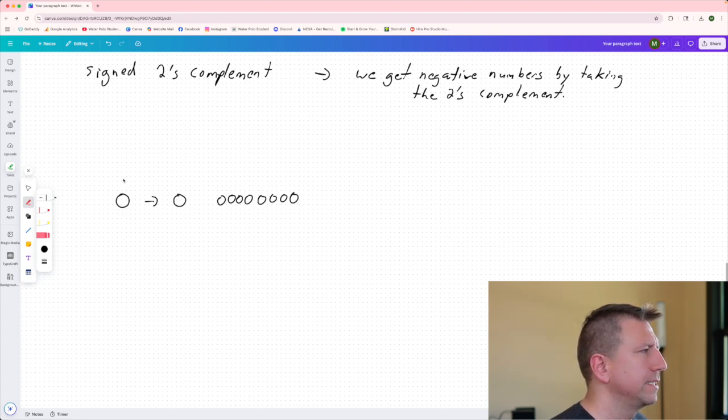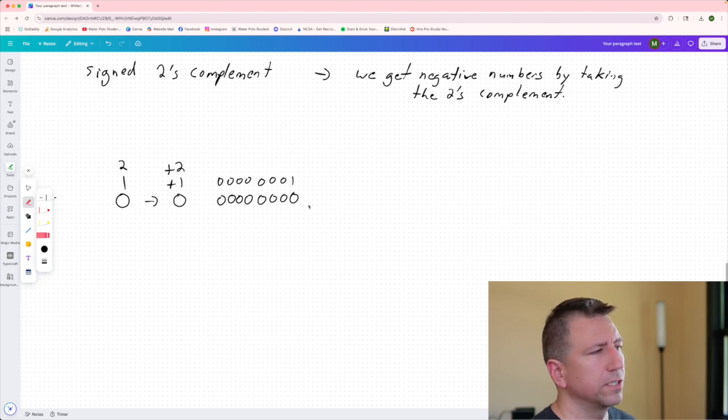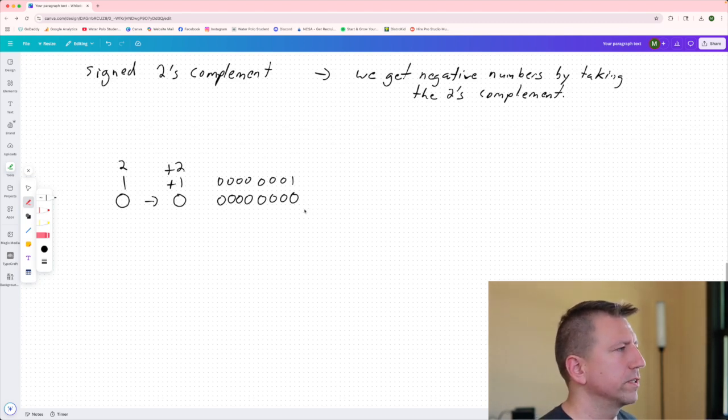If we increase that number, like go 1 to 2 and so on, increasing it in this direction is going to give us the positive numbers. So we get positive 1 and positive 2. And that's just as you expect, as we go up from 0, 00000001, so on and so forth.